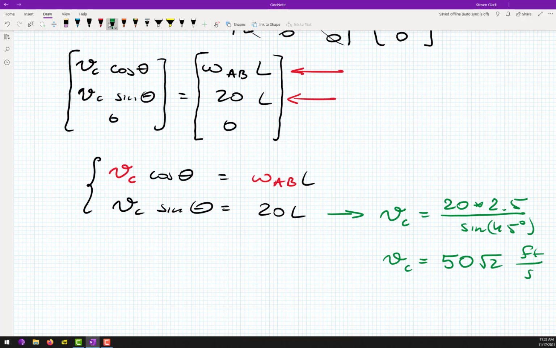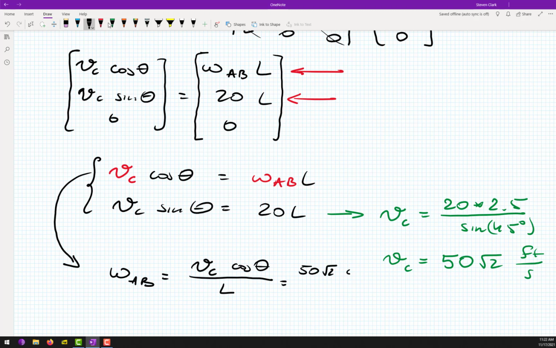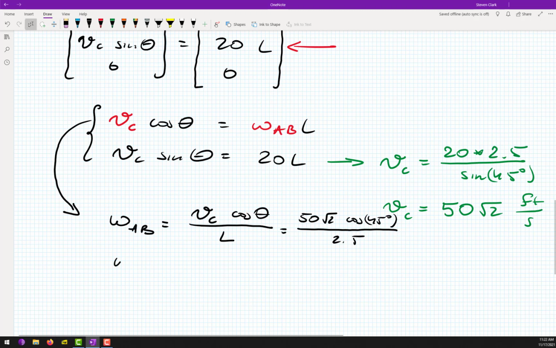And once we have V_C, we can plug it here, and we can obtain that our omega AB is equal to V_C cosine theta divided by L. So that would be 50 square root of 2 cosine 45 degrees divided by 2.5. And our omega AB will be 20 radians per second, which is a positive value.